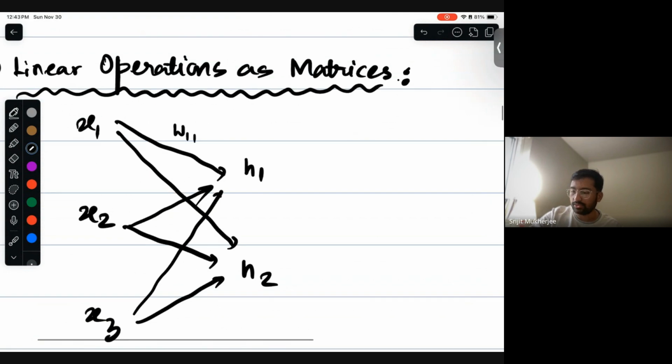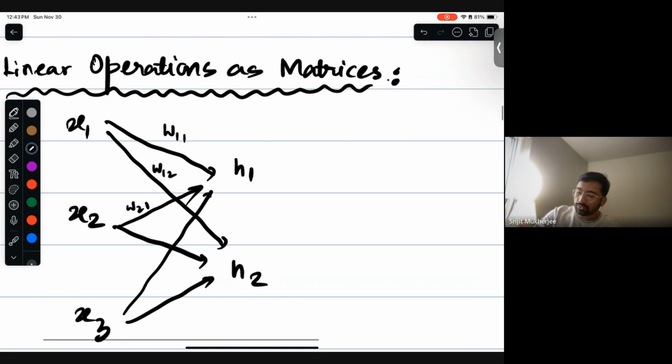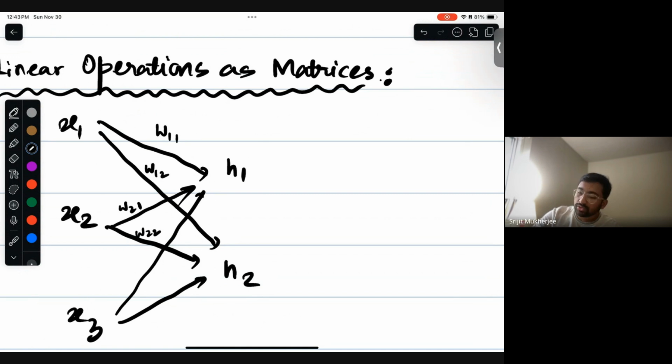For x1 to h2, let's call the weight w12. For x2 to h1, let's call it w21. 2 for x and 1 for h. For 2 to 2, let's call it w22. For 3 to 1, w31. For 3 to 2, w32.